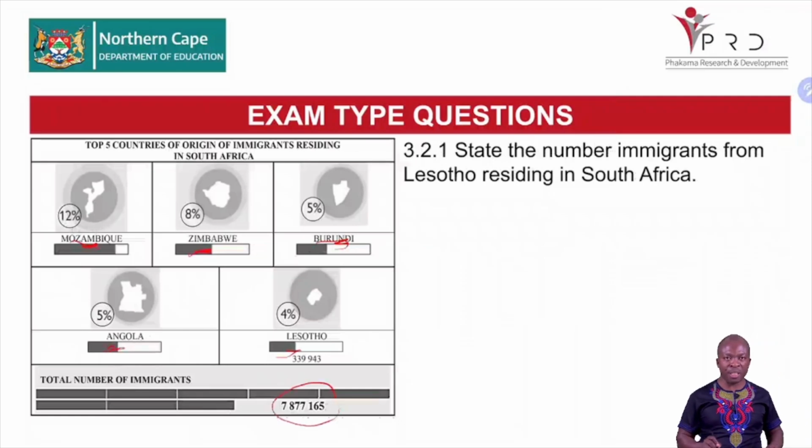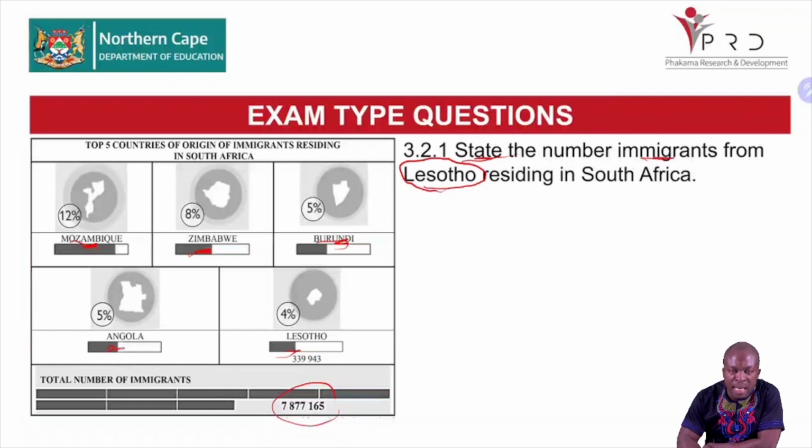I've given you information, but now I want you to state the number of immigrants from Lesotho who are residing, those who are staying in South Africa. The total number of immigrants from where? Lesotho. So you see the examiner is giving you the particular place. So there is your Lesotho, but we are looking for the number. So write your answer quickly, 1 minute. This should not take us long.